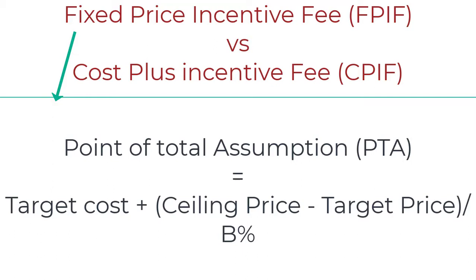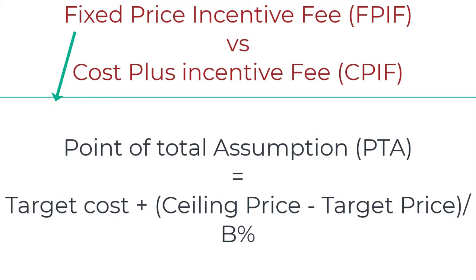Point of total assumption occurs in fixed price incentive fees. Total assumption is the target cost plus the difference between the ceiling price and the target price.